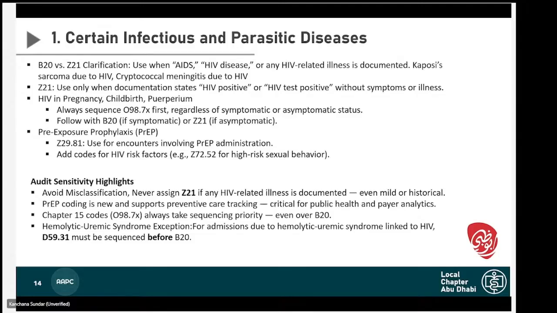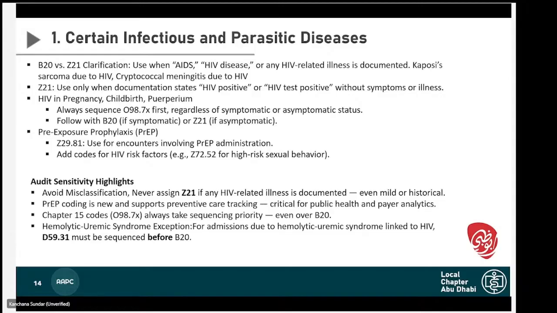So Z29.81. And what are the audit sensitivity highlights we have to be aware of as a coder when it comes to certain infectious and parasitic diseases? Please don't exchange Z21 and B20. Don't interchange them. Please be aware of how to code and when to code B20 and Z21, because it is going to have a huge impact on your billing.